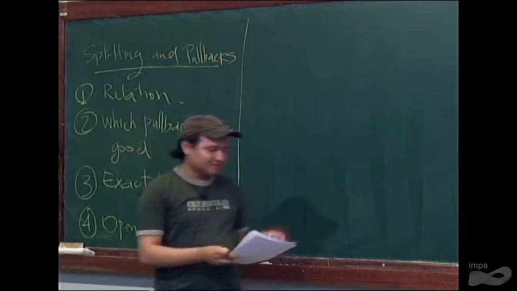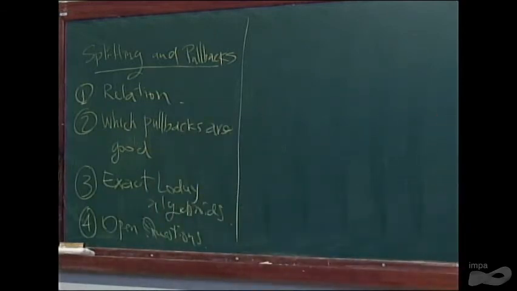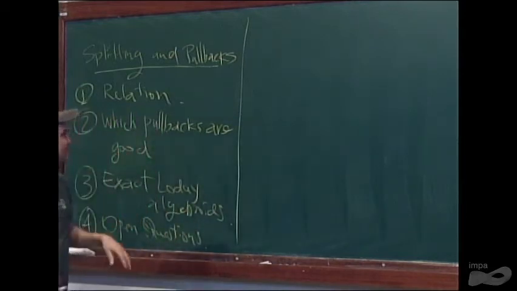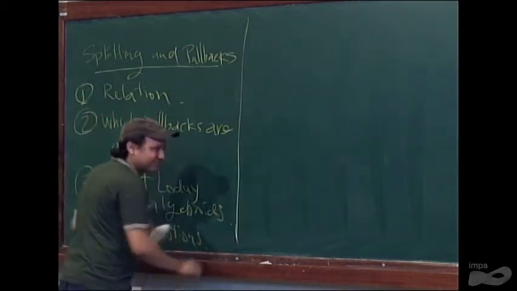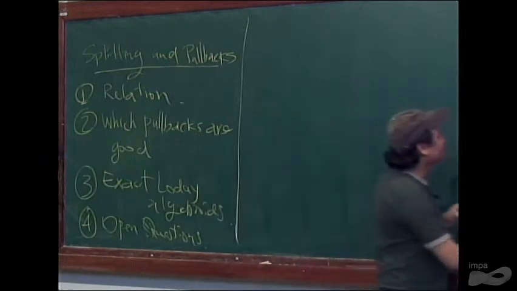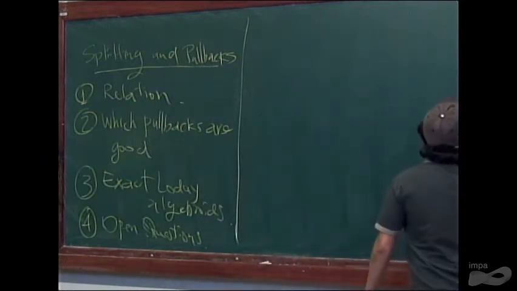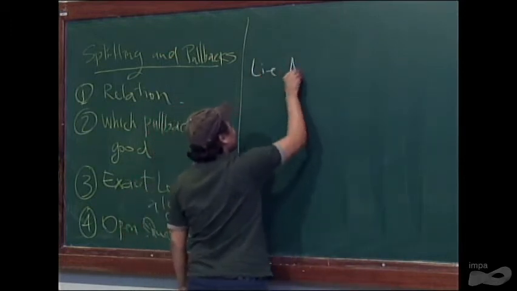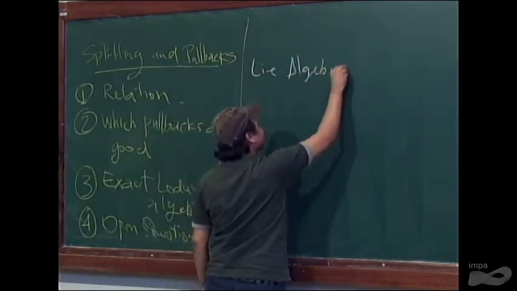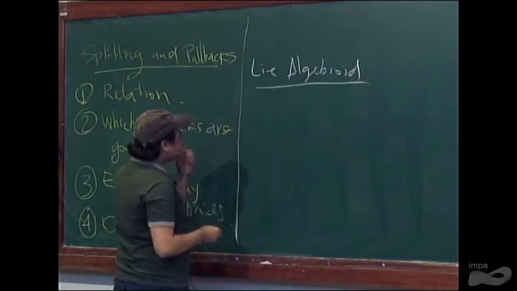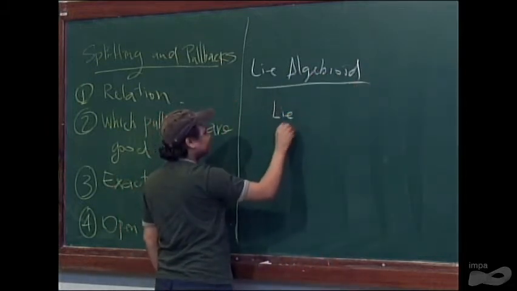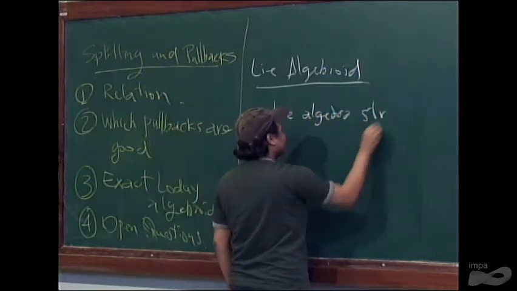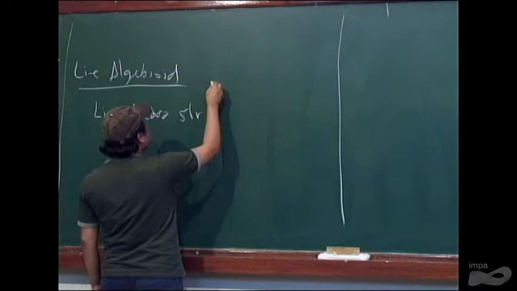Okay, so first of all, I want to start. I'm not sure if everybody here knows the basics, but I assume everybody knows what a Lie algebroid is, right? A Lie algebroid is a Lie algebra structure on the sections of a vector bundle.